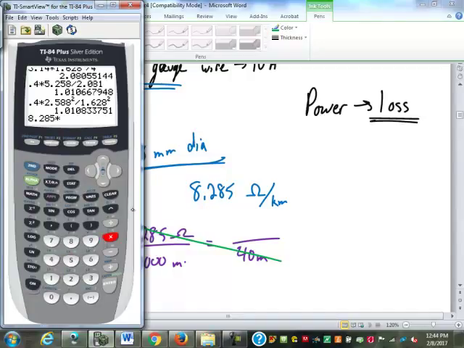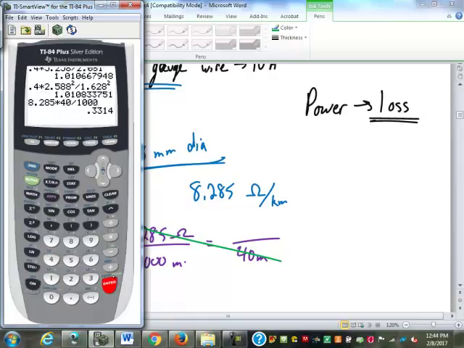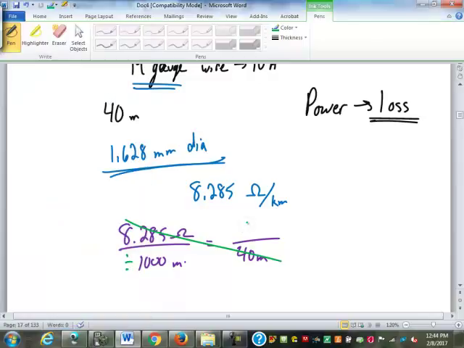So 8.285 times 40 divided by 1,000 is 0.3314 ohms. So that is the resistance in 40 meters of that wire. That's making a lot of assumptions. It's assuming that it's running at rated temperature. Most electronic components are rated at 25 degrees Celsius.